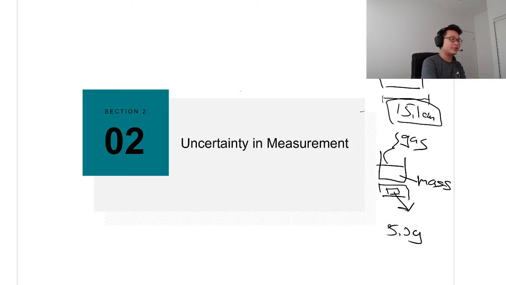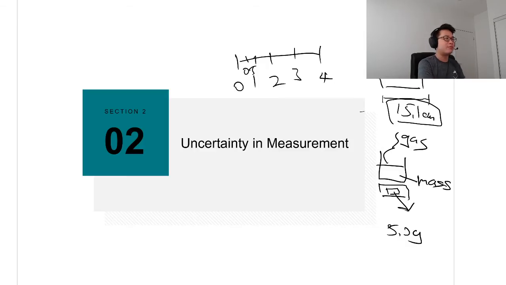For instance, if you use a ruler, you can have 1 centimeter, 2, 3, or 4, etc. And then sometimes they have maybe 0.5, something like that. So the marking will tell you the limit of the information your ruler can tell you. The smallest unit over here will be 0.5 because you can measure down to 5 millimeters.